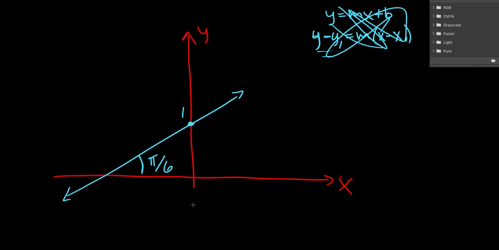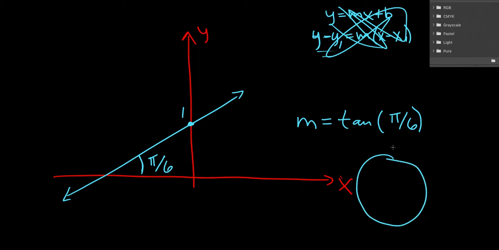What we're going to do is look at the slope using a tangent. So we're going to say our slope is equal to tangent pi over 6. If we use our unit circle to figure that out, pi over 6 is our first tick mark, and we know that that is square root of 3 over 2, 1/2.